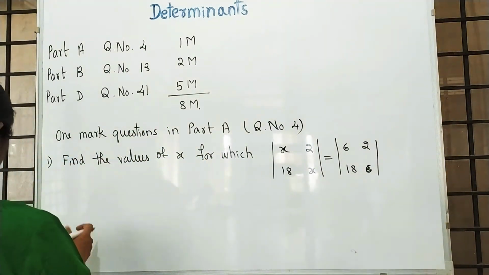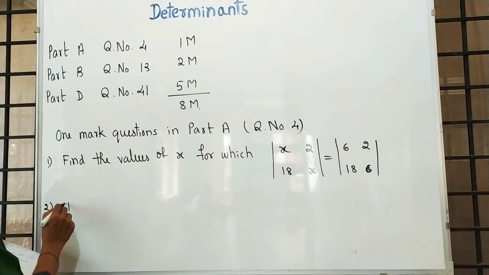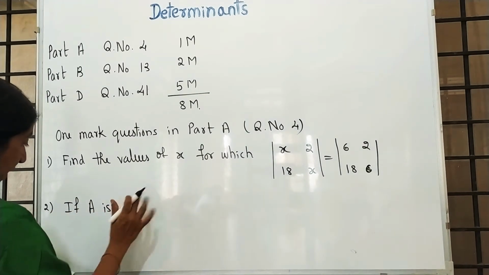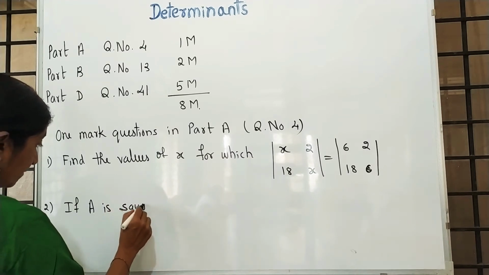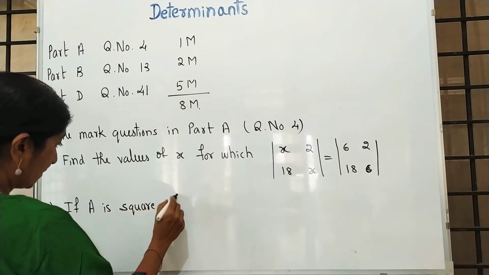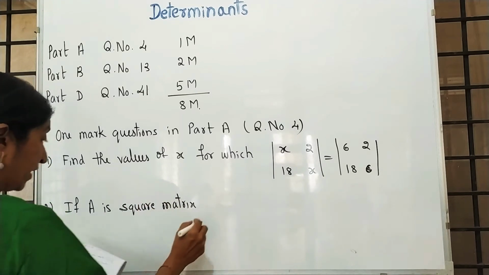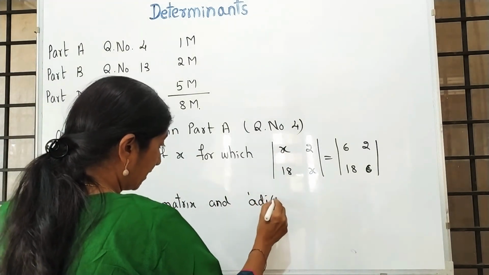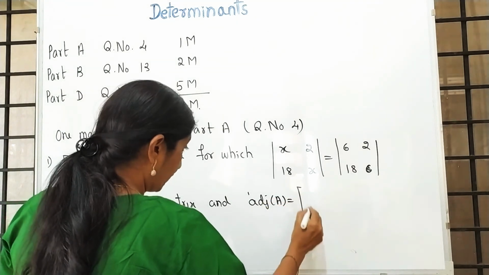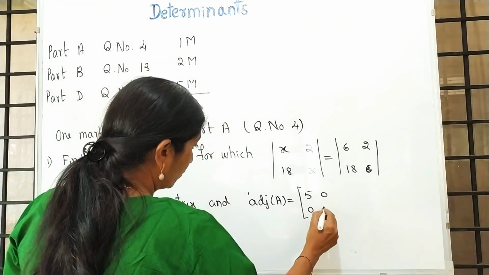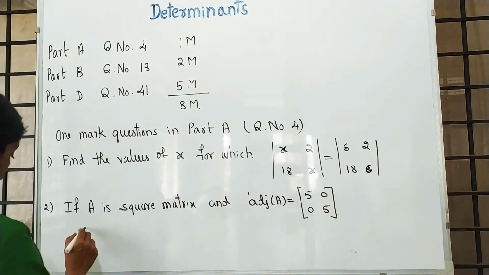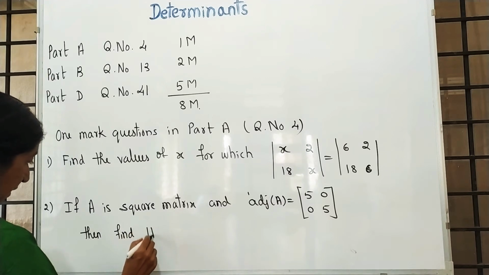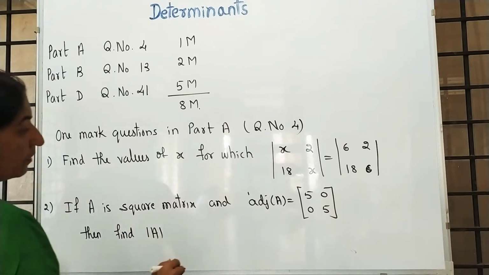Question number 2. If A is a square matrix, and adjoint A is given as 5 0 0 5, then find determinant of A. Here also I am giving you a solution.